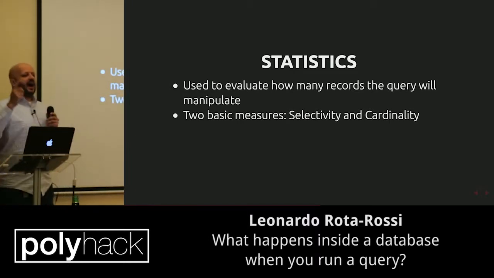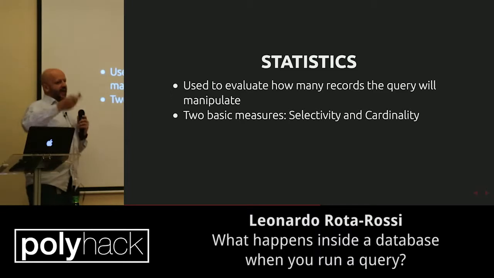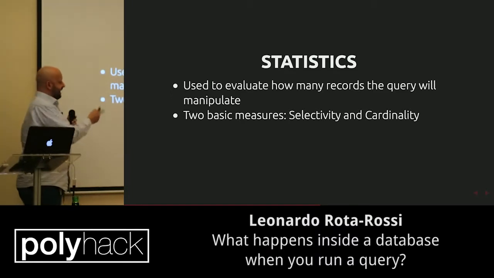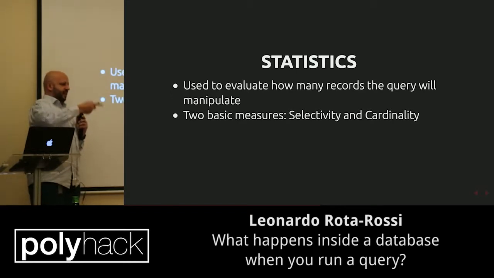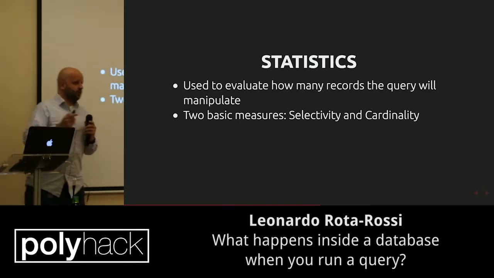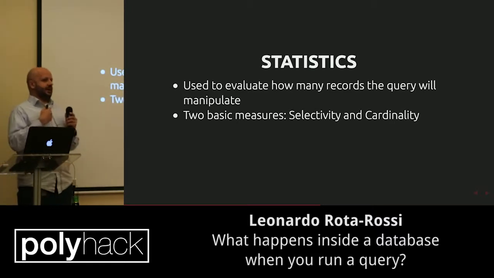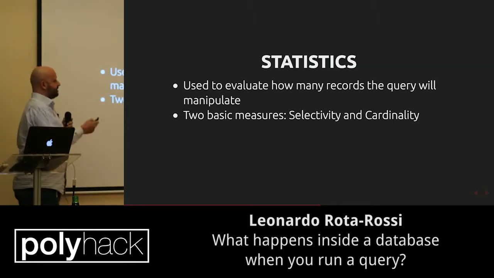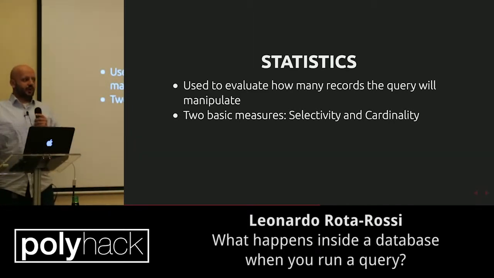So for instance, how many Andrews do I have in my employees table? The selectivity is going to be the number of Andrews divided by the total number of employees. This way I know the percentage of records that I will have to read from the database when I do a query.